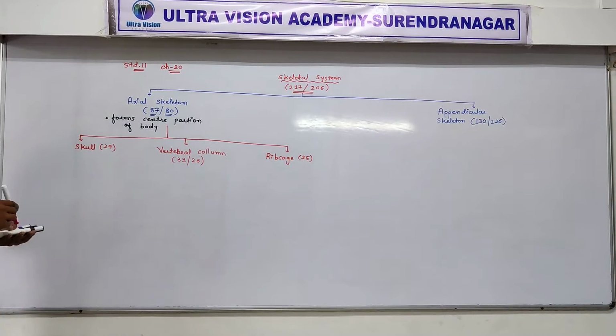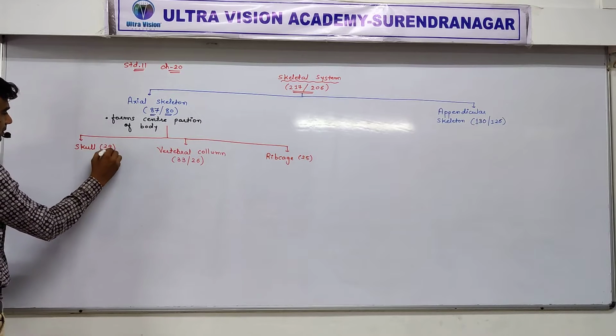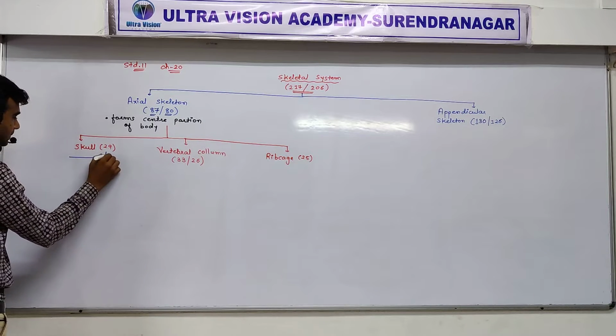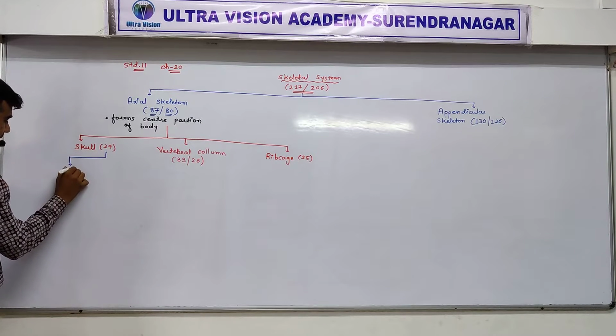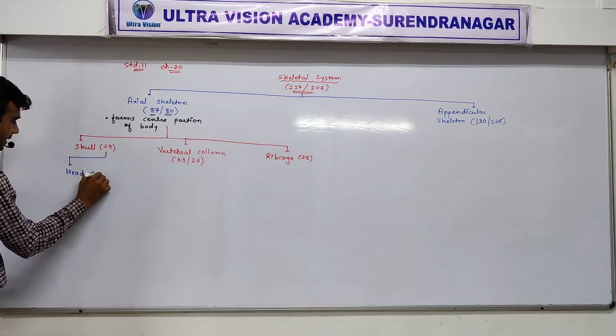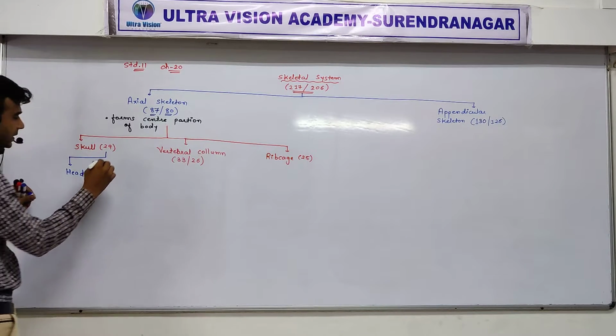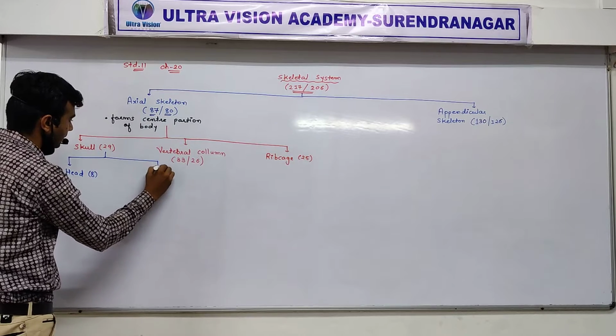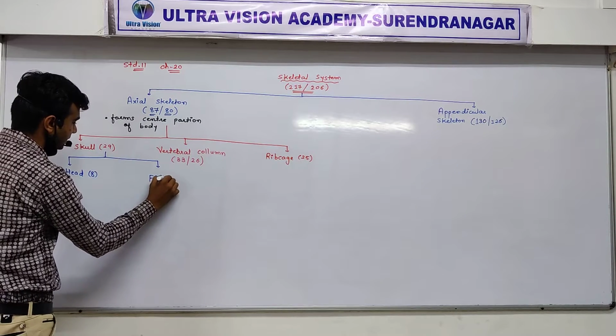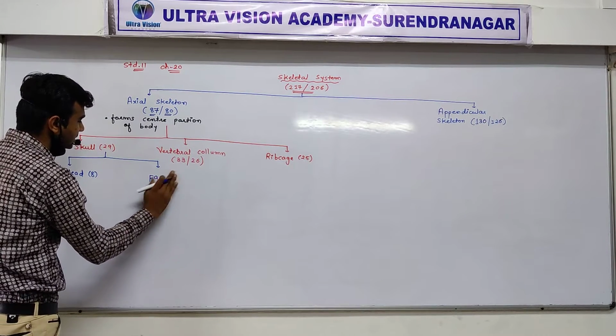Now continue with the skull. Now the skull is divided into 4 parts. Head, in that 8 bones are there. Face, in that 14 bones are there.